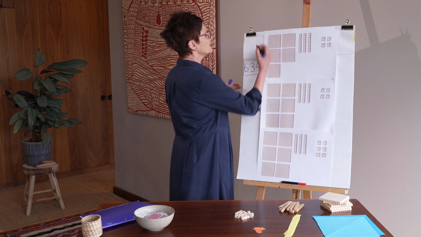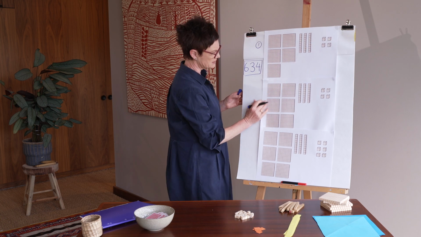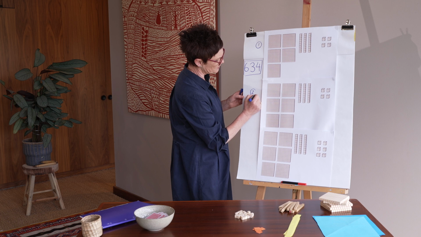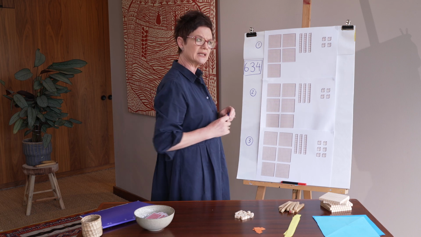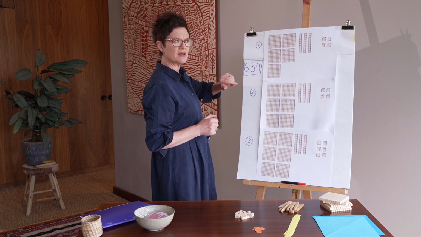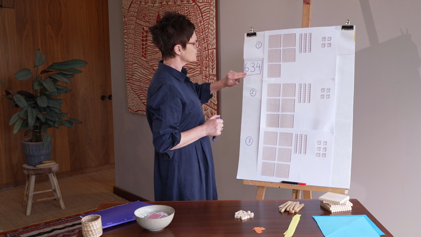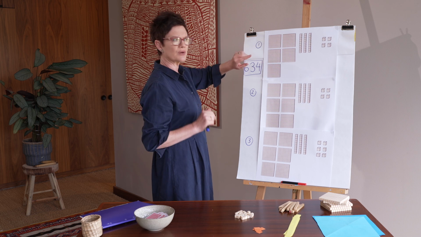Let's have a look. Is it this one, number 1? Is it this one, number 2, or is it this one, number 3? Which one is correct? How do we represent the number 634? I'll let you have a look at those.